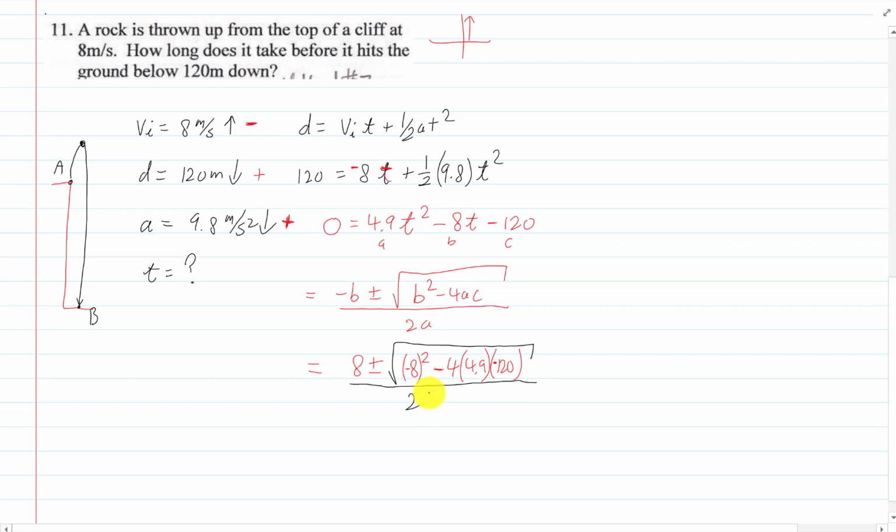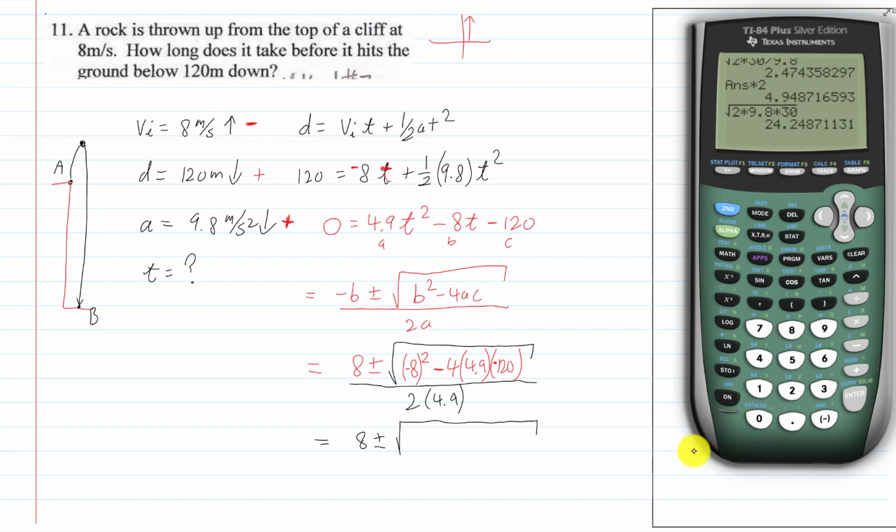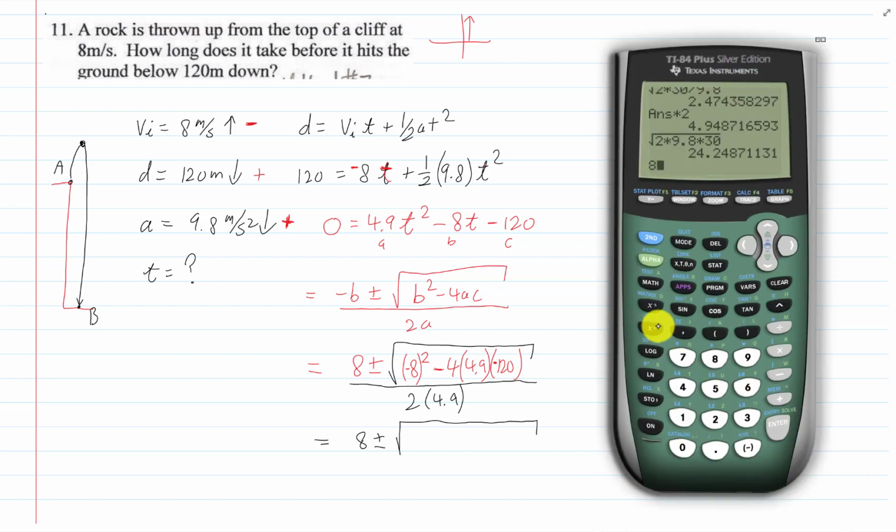A is 4.9, 2 times 4.9. So I get 8 plus or minus the square root. I'm going to start putting this into the calculator. 8 squared plus 4 times 4.9 times 120.